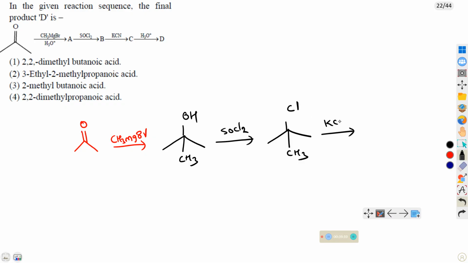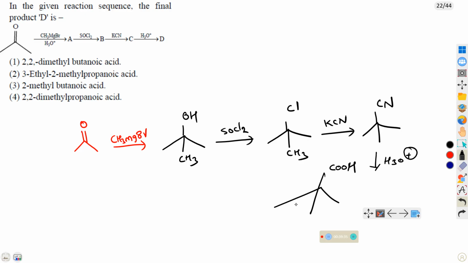Haloalkanes react with KCN. Then it gives cyanides. Now cyanides undergo hydrolysis. Then it gives carboxylic acid.